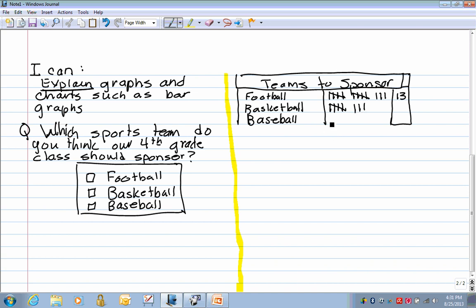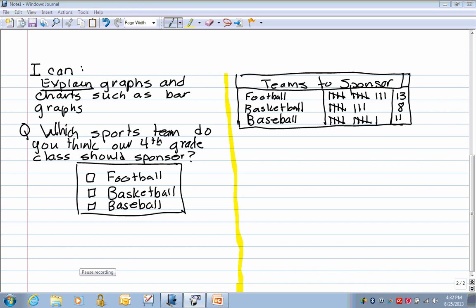And for baseball, 11. So this is an 8 and this is 11. And this is our very first chart that we can show data with. I will pause so you can catch up.